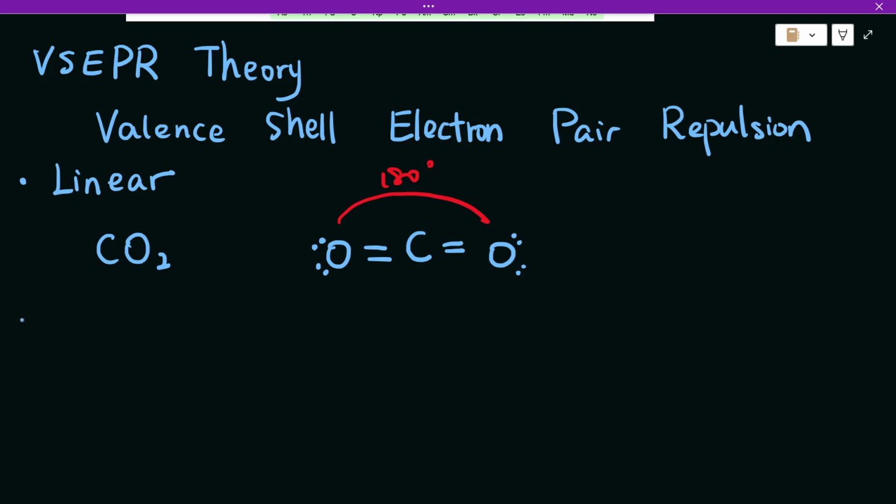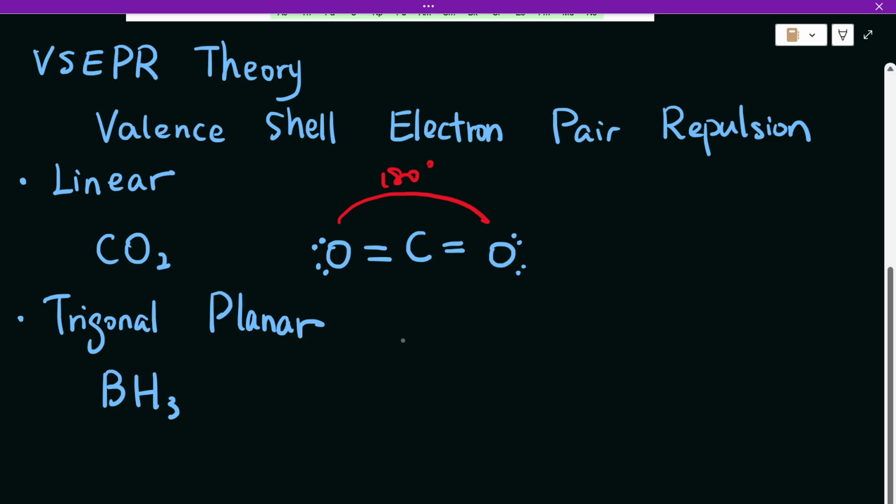And the second basic shape is called trigonal planar. And we can use a molecule such as BH3, boron trihydride.